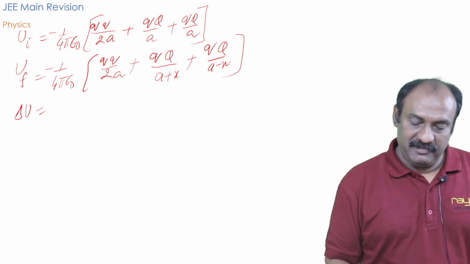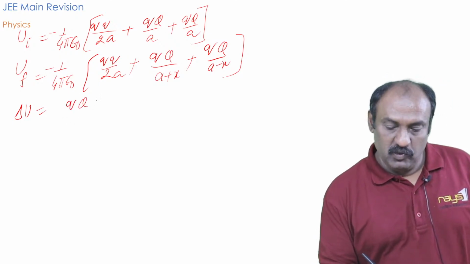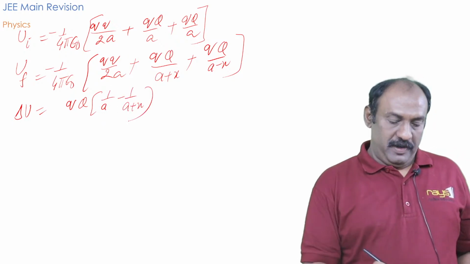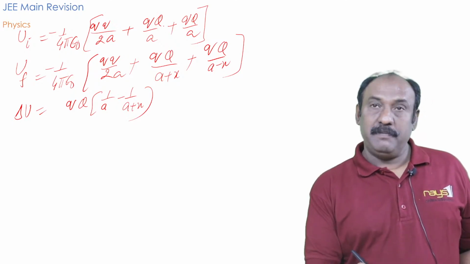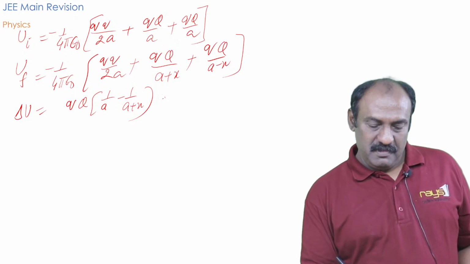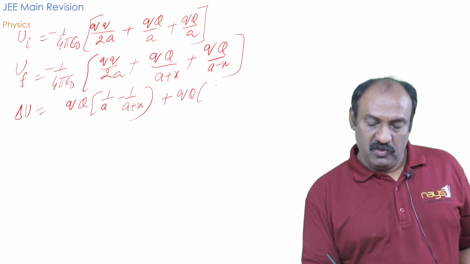So therefore it is q into 1 by a minus 1 by a plus x, final minus initial, plus q into 1 by a minus x minus 1 by a.